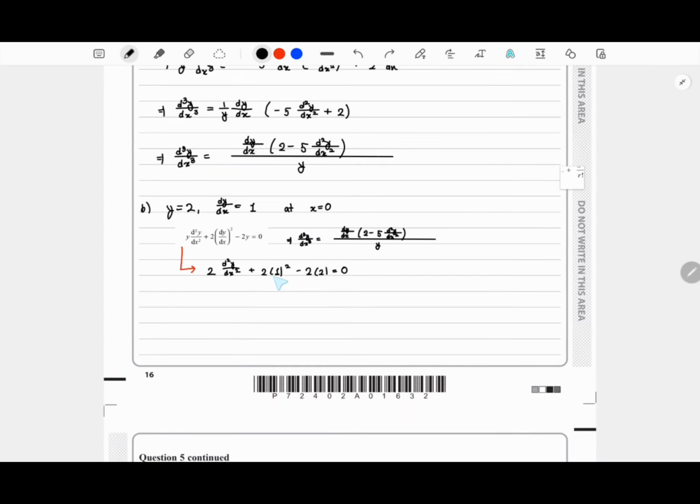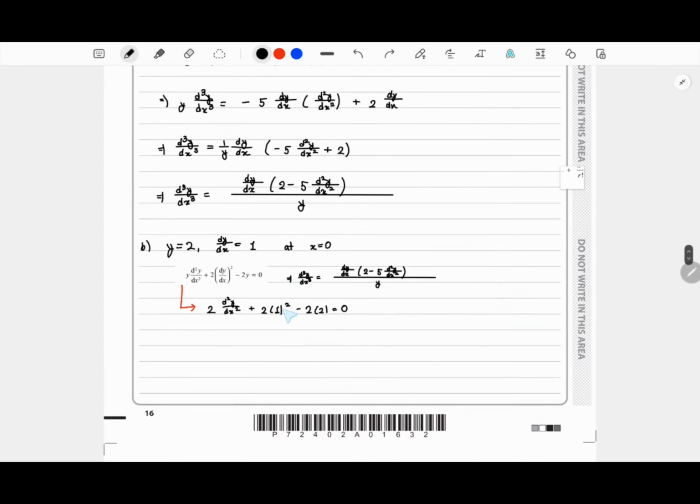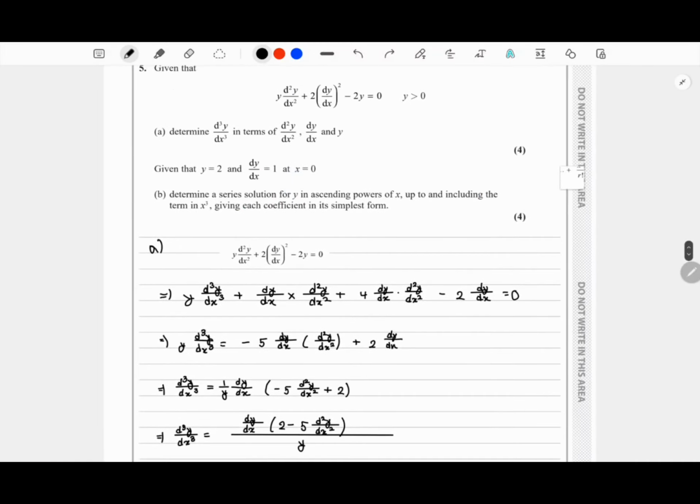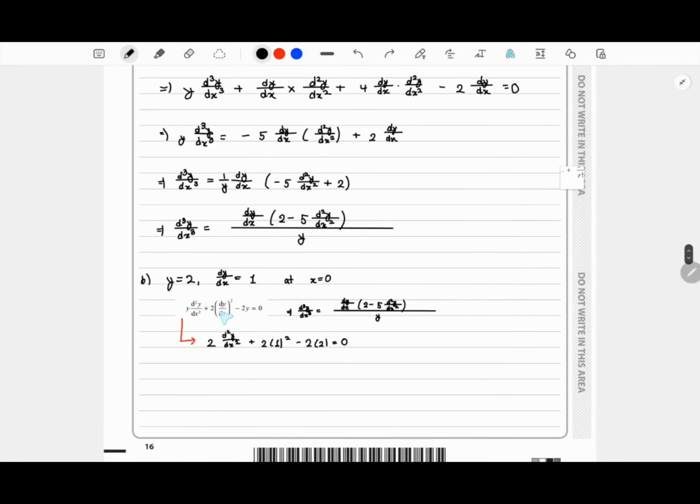Here's the equation: 2 times dy by dx squared, where dy by dx is 1 and y is 2, so minus 2 times 2, minus 4. We make d square y by dx square the subject, and we get that it's 1.